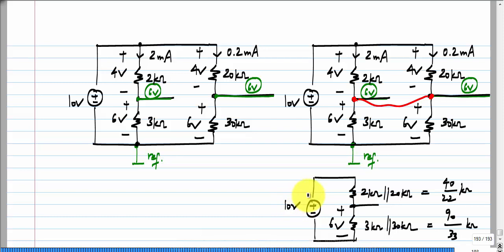So, this voltage will still be at 6 volts, and these currents, now if you look at this resistor, for instance, we have 4 volts across the resistor and 2 milliamps through that and 0.2 milliamps through the 20 kilo ohm resistor and so on. So, the voltages and currents in the circuit do not change if you take 2 points which are at the same voltage with respect to the reference node and connect them together. Now, later we will see that there is some exception to this, but for now we can consider this to be true.